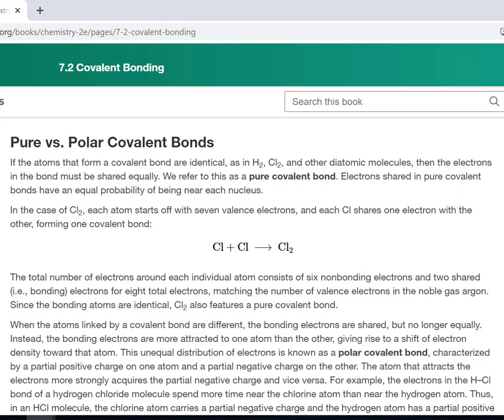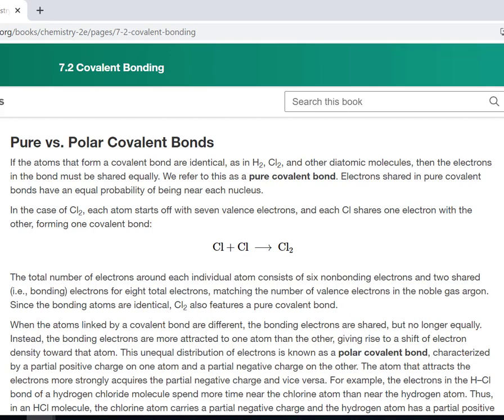There are a few cases where there is what we call a pure covalent bond, where we have absolutely equal sharing. That is usually going to happen when we have these diatomic molecules, where each of the atoms is identical. So if you have two chlorines, for example, to form Cl2, they're the same thing. They're going to be sharing equally. So that would form what we call a pure covalent bond.